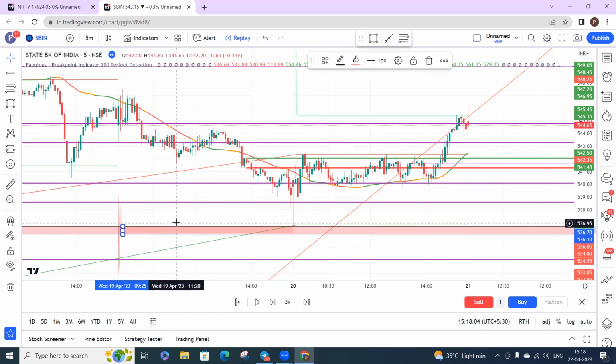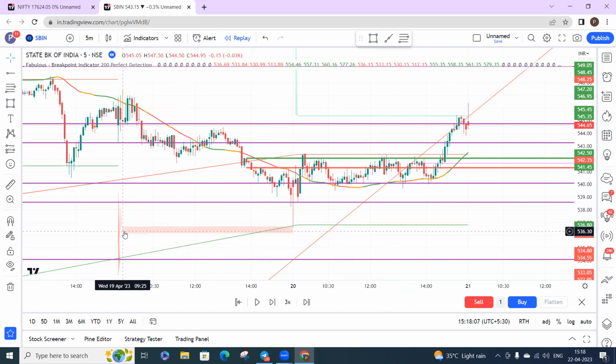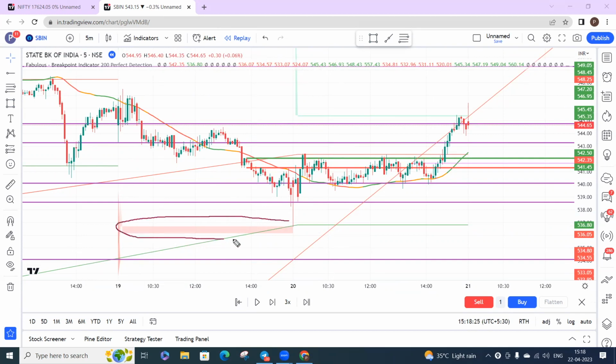So these are the important things that you have to do when you are using the fabulous indicator. This one is very important. Which is the important thing? This one is an important thing on the lower side. And also, this one is also an important thing.